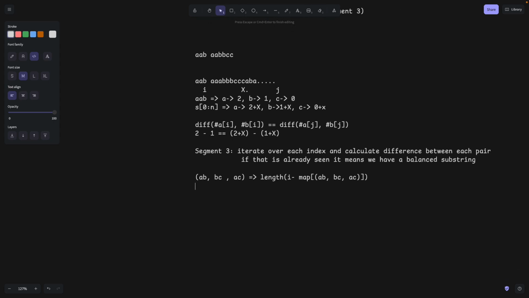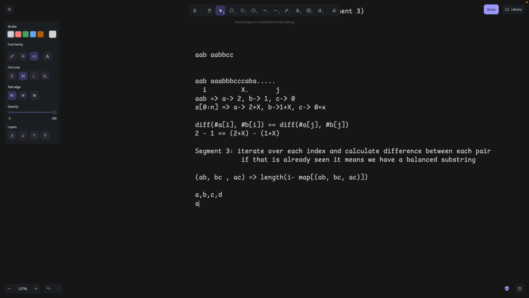If we try to extend this problem to 4 distinct characters A, B, C, D, then since there are 4 characters, we need to maintain this difference for all the pairs.